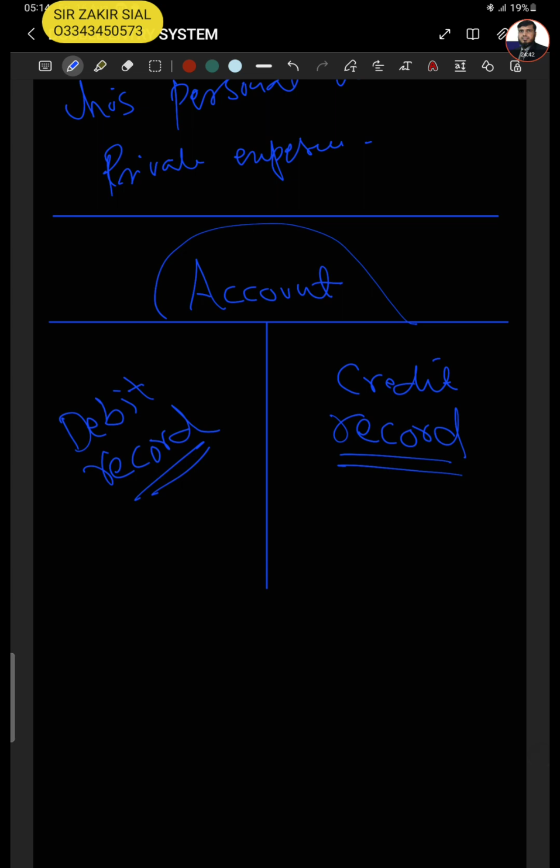One side is called debit record, shortcut DR. DR here does not stand for doctor, DR stands for debit record. And the credit side is called CR. This is a double entry system. Whatever we write on the debit side, with the same amount we must write something on the credit side. The sum of debits and the sum of credits will be balanced every time. This is the double entry accounting system.